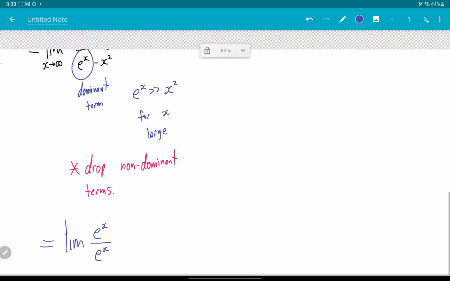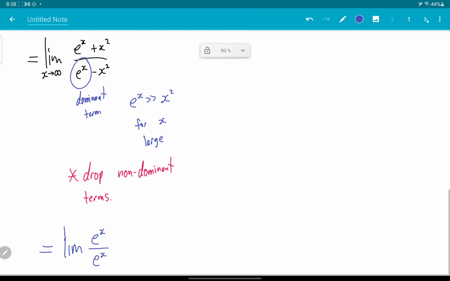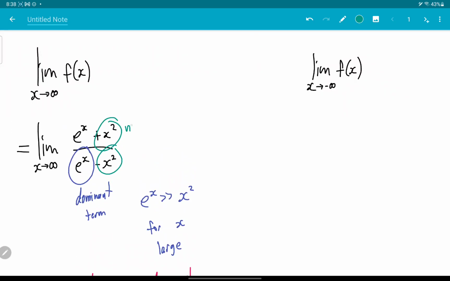Okay, this may seem a bit magical, but what am I saying? I'm just saying that when x is very large, these two things are negligible. They're so small.